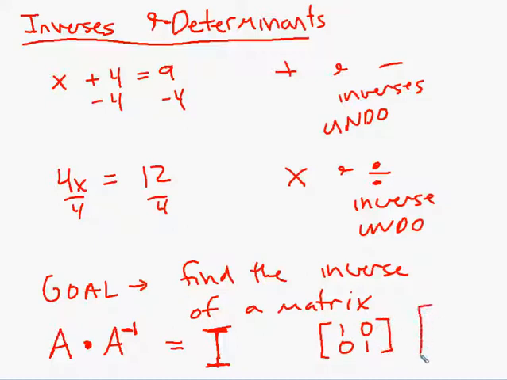Or, if it is a larger matrix, say a 3 by 3, 1, 0, 0, 0, 1, 0, 0, 0, 1. The bottom line is you get a diagonal set of 1s, and everything else is zeros. That's the identity matrix. So when I multiply two matrices and I get something like this, those are inverses.